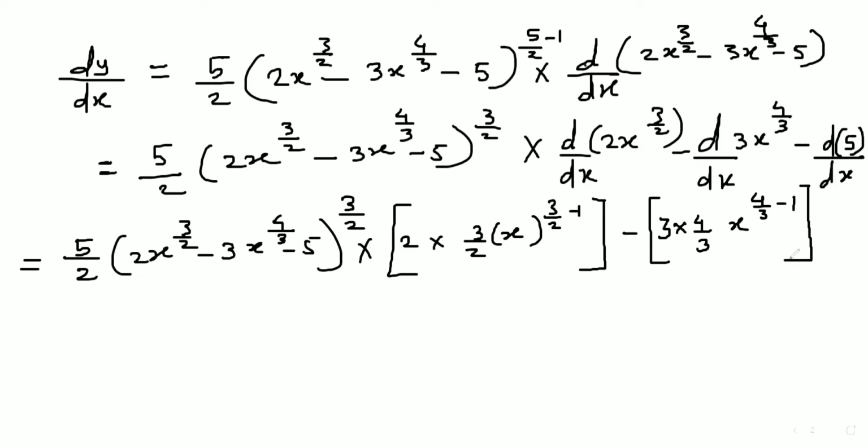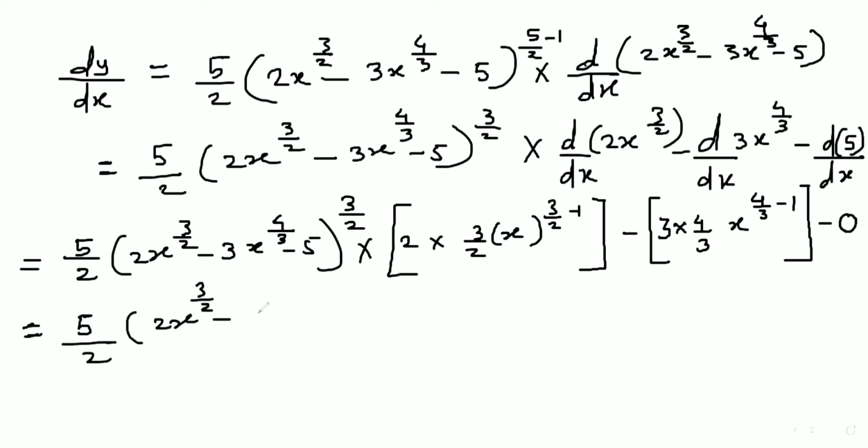This is the derivative of the second term, and minus, as the third term is a constant, and we know the derivative of a constant is always 0, so we will write 0. Up to that step, we have found all the derivatives. Now the part is about the simplification, so let's simplify.